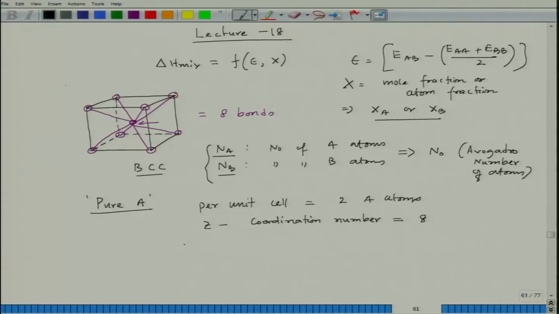So the total number of AA bonds per unit cell per A atom would be 8 bonds.